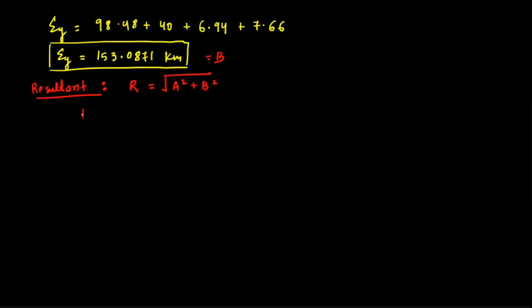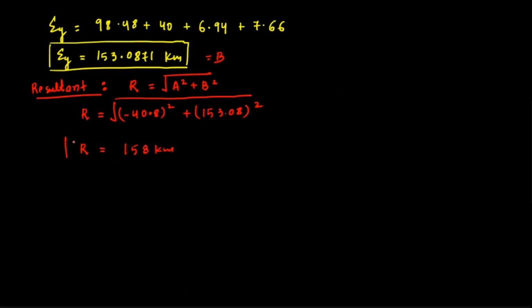We'll substitute the values here, so we'll get R is going to be the square root of negative 40.8 whole square plus 153.08 whole square. So resultant is coming out to be approximately 153 kilometers only. Oh, sorry, 158 kilometers only. This is what resultant vector is going to be.